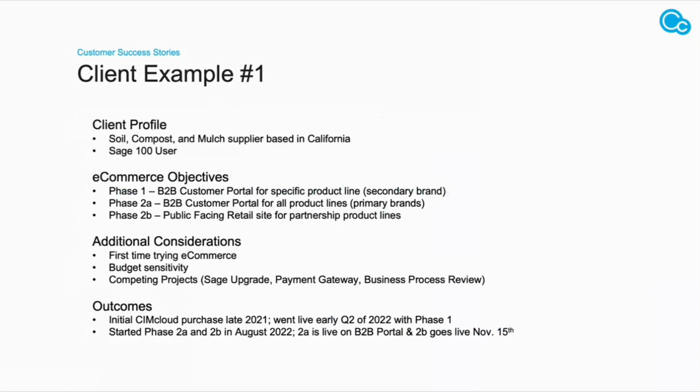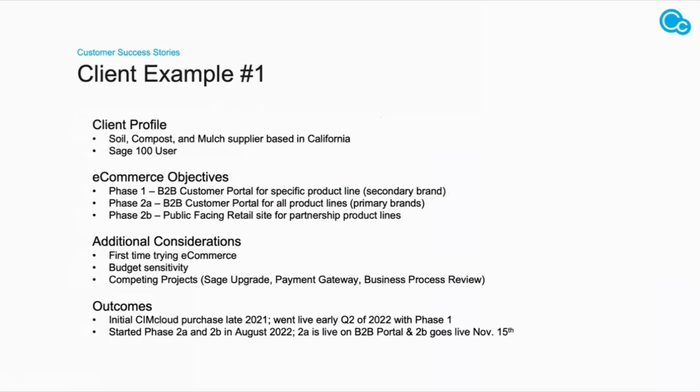So the client that we're looking at in example one here is a compost supplier distributor based in California. So they're a Sage 100 user, and they had very few product SKUs, but a very high volume of sales orders. So what they were trying to do was basically take the strategy I've alluded to a couple of times here and say, we have an existing marketing website.